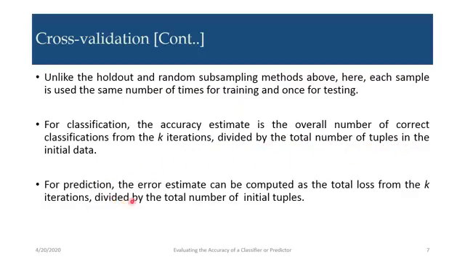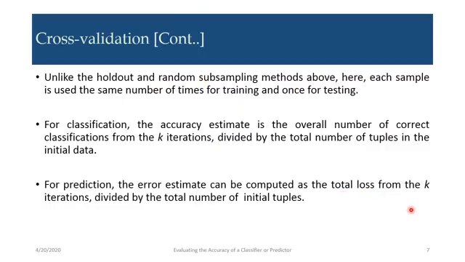For prediction, the error estimate can be computed as the total loss from the k iterations divided by the total number of initial tuples. We have already discussed in prediction accuracy the different loss functions used to calculate the error rate.